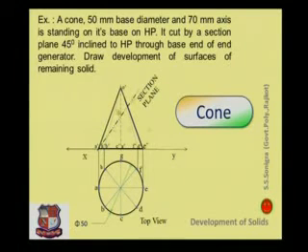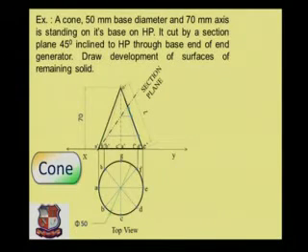After drawing this, we have to draw the development of this cone. So again, to draw the development, what should we do? Name these points, and find out the angle theta covered by this cone. Theta is equal to 360 degree into small radius, that is the radius of the base circle, upon the length of the slant edge. The length of the slant edge is known to us, which we can measure from the diagram.